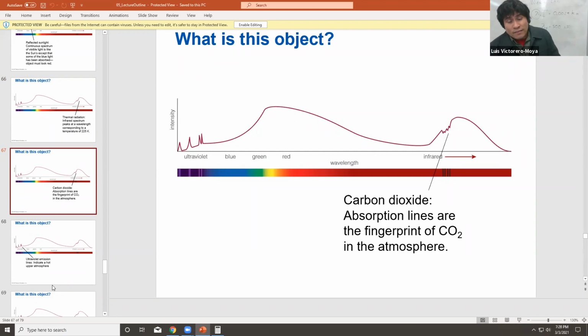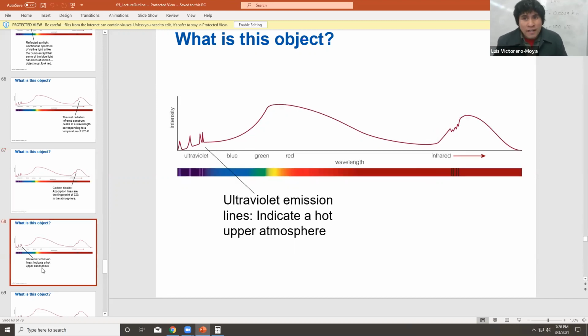We're looking at planets. Is carbon dioxide important or not for the planet? It's important because it's a greenhouse gas. That's how we trap radiation.